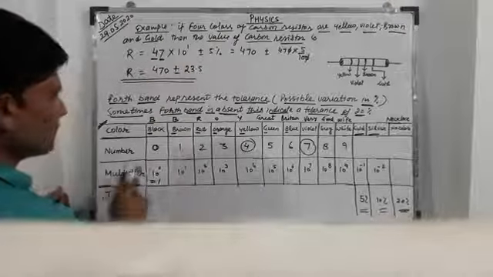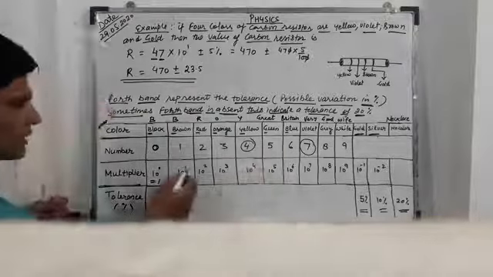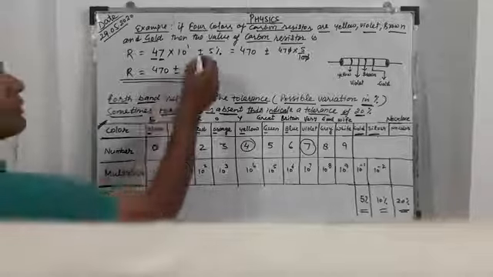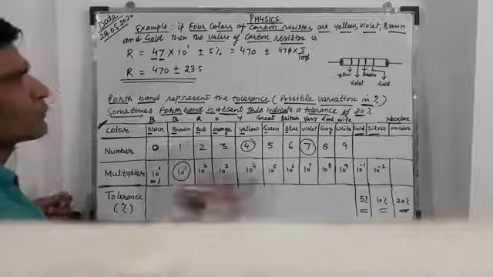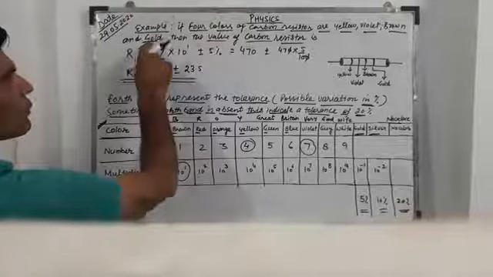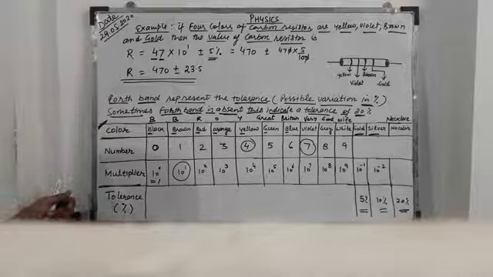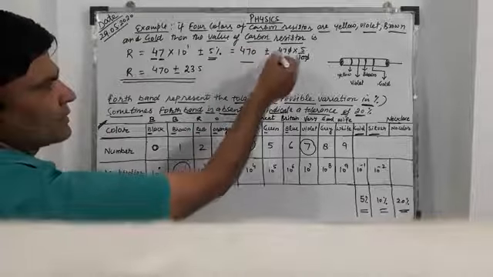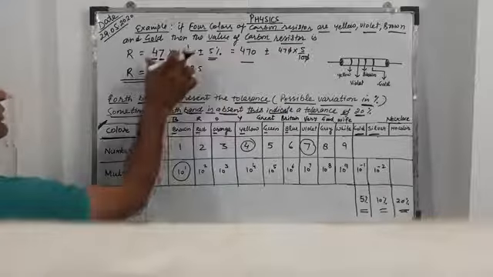Multiply by the multiplier, which for brown is 10 to the power 1. Plus minus is the tolerance, the possible variation, which for gold is 5%. So the value is 470 plus minus, and this 5% is of this value.